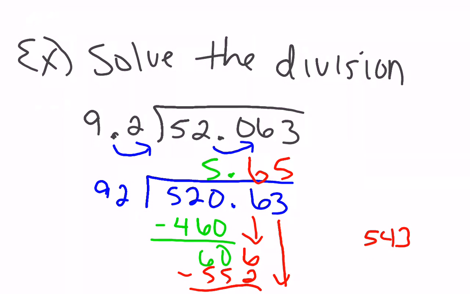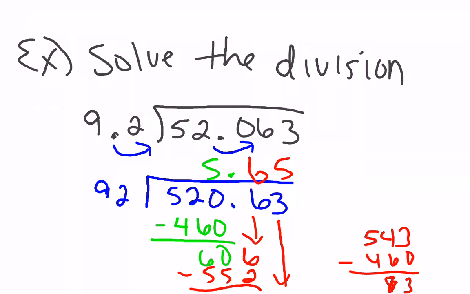So notice that's too much, so 5 is going to be what we have. 5 times 92 is 460. Subtract. 543 minus 460 gives us 83. So we can still keep going and get more numbers. It just depends on what they ask us to round to.